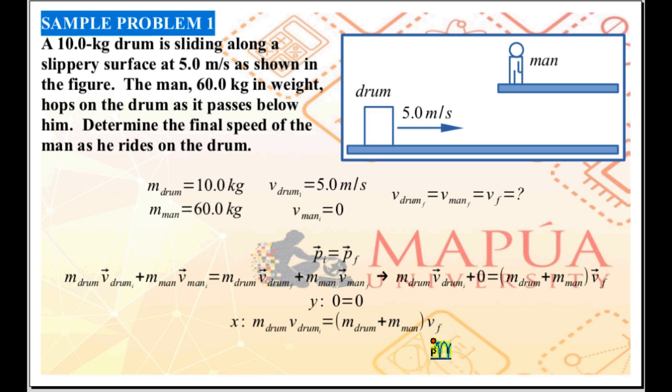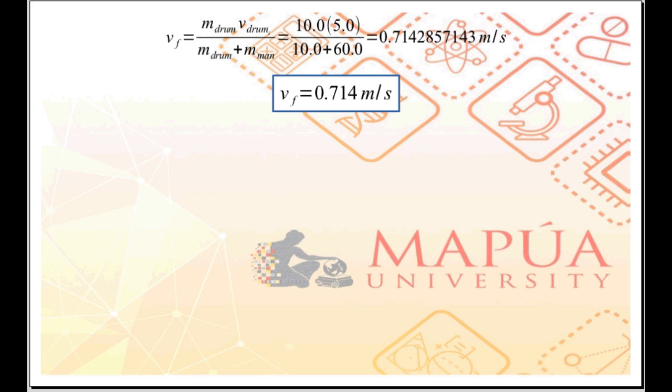We are looking for V final. Isolating V final and plugging in the known values, we see that the equation is complete. We are able to calculate the final speed of the man and the drum: 0.714 meters per second.